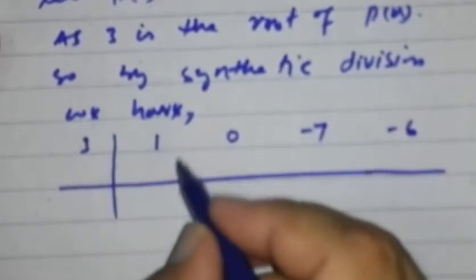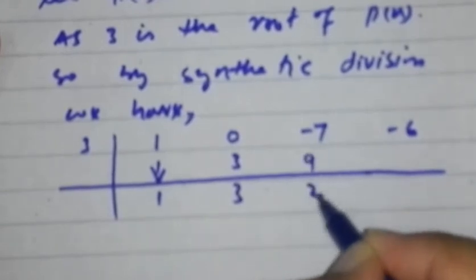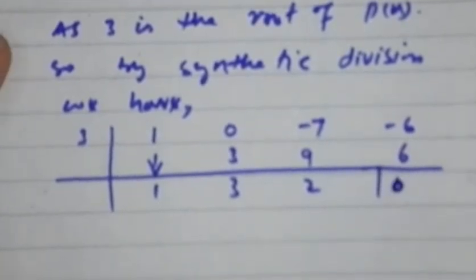coefficient is minus 7, constant term is minus 6, write 3 here, take this one down, 3 1s are 3, 3 plus 0 we get 3, 3 3s are 9, 9 minus 7 we get 2, and 3 2s are 6, 6 minus 6 we get 0.